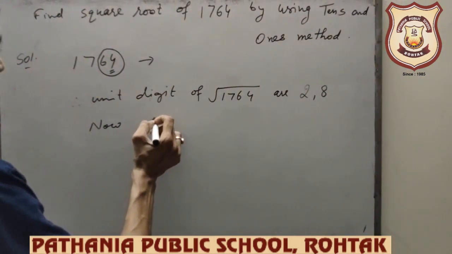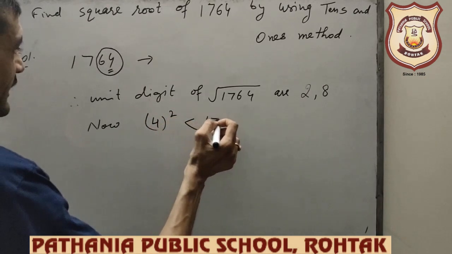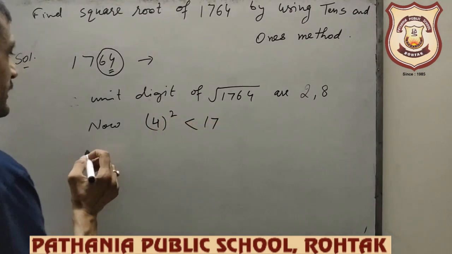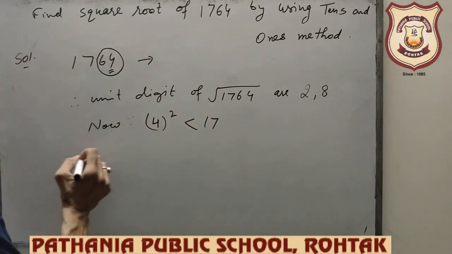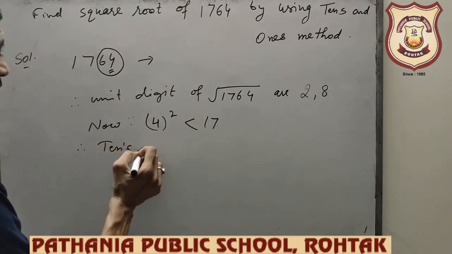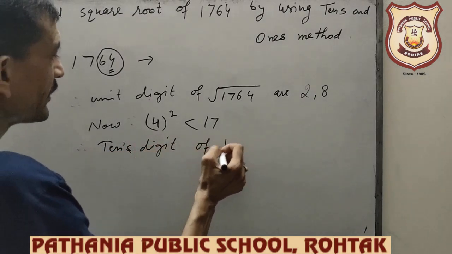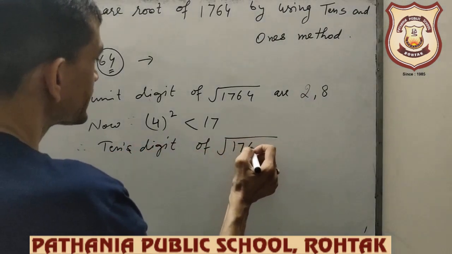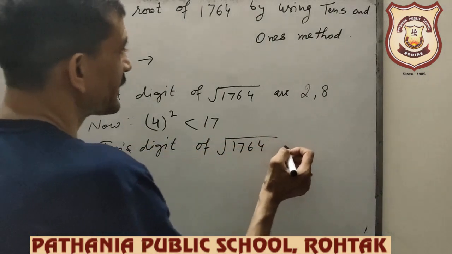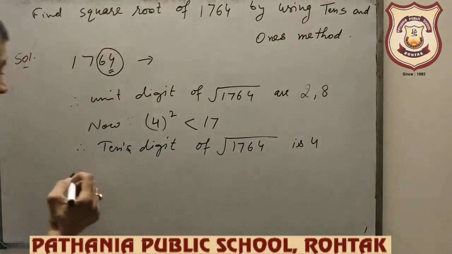So because 4 square is less than 17, the tens digit of the square root of 1764 is 4.